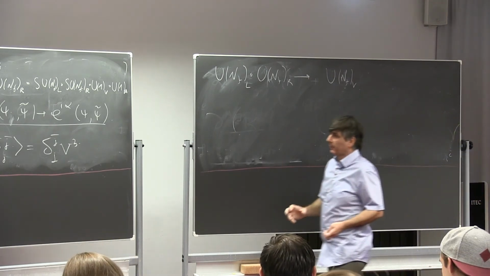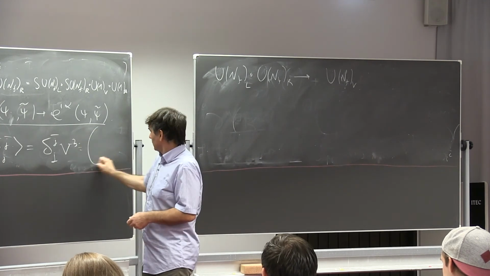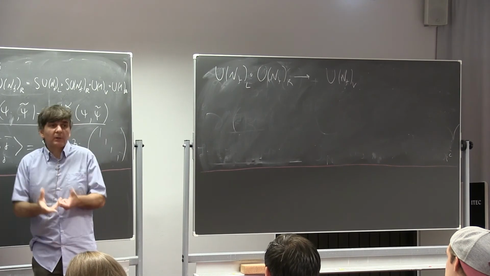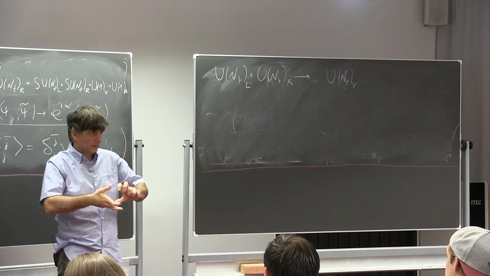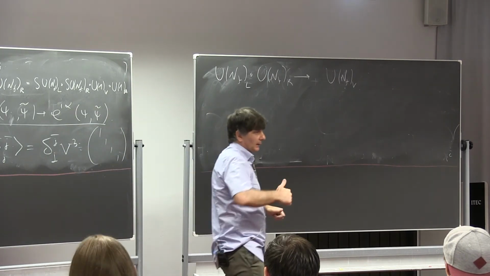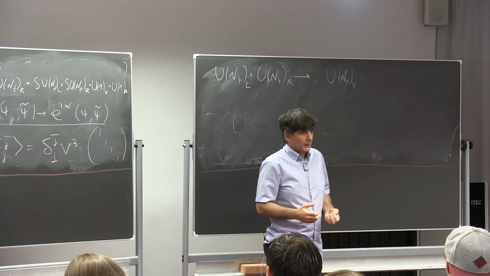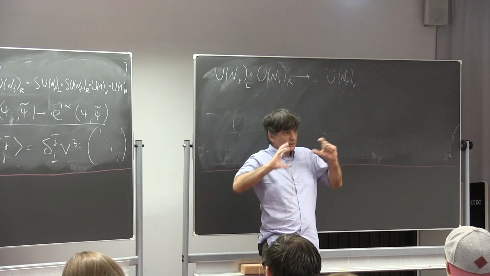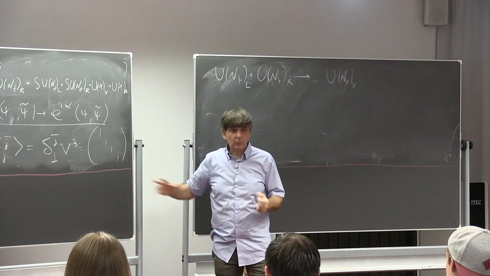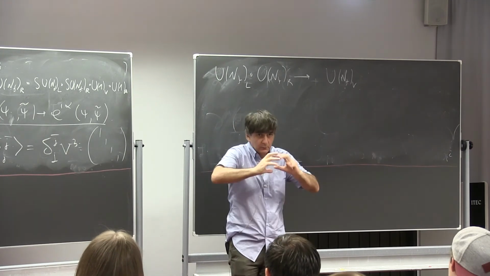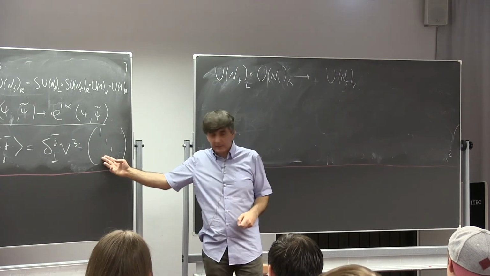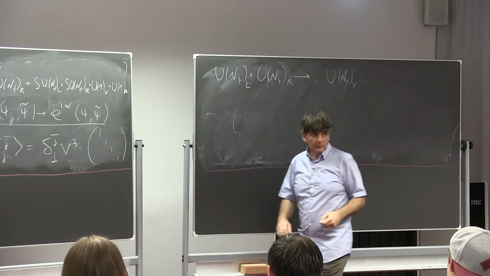In other words, this order parameter is proportional to unity, so it's 1, 1, 1. This order parameter transforms as a bifundamental: as the fundamental representation on the left flavor group and as the fundamental on the right flavor group. The original Lagrangian is invariant under independent rotations, but the expectation value is only invariant under locked rotations. So the two rotations get locked. If I simultaneously transform left and right, then I can leave this invariant.